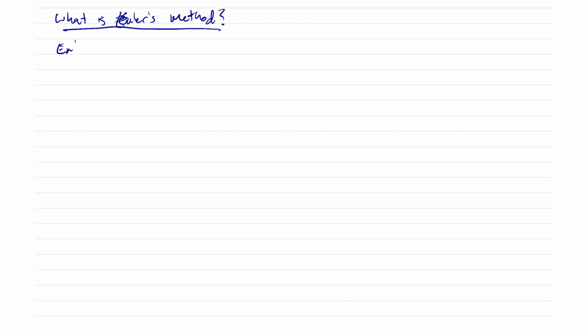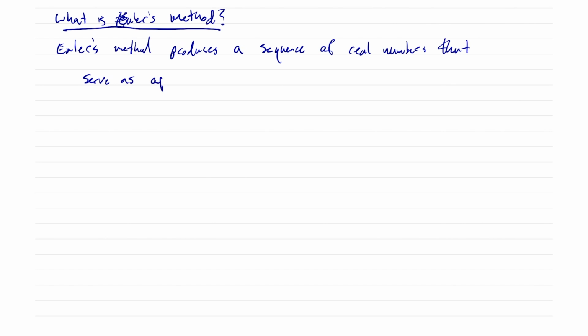So Euler's method produces a sequence of real numbers that serve as estimates of these terms, y of t naught, y of t1, all the way up to y of tn.